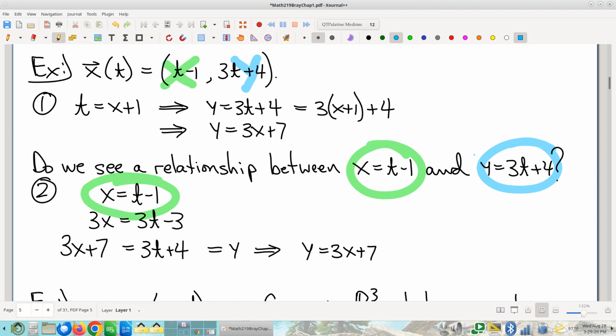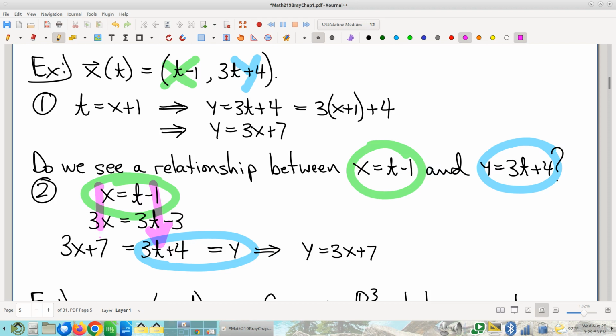And in this case, notice I can take this formula t minus 1, and all I've got to do is multiply by 3 and add 7. And the result is the formula that I have for y. So this process of turning the formula for x into the formula for y, I was motivated into by seeing the similarity of these expressions. Now, of course, you got to be legal.